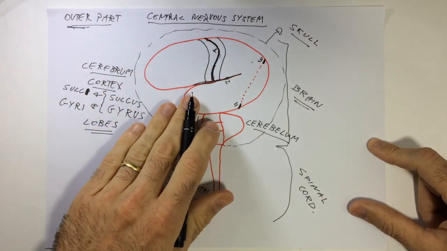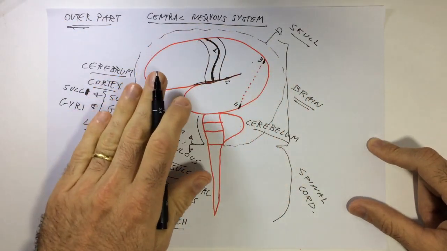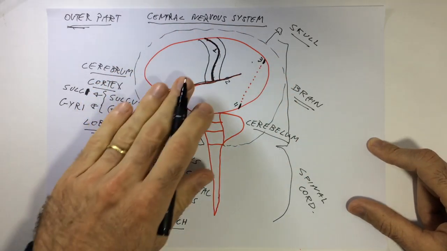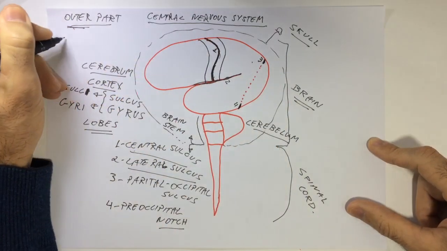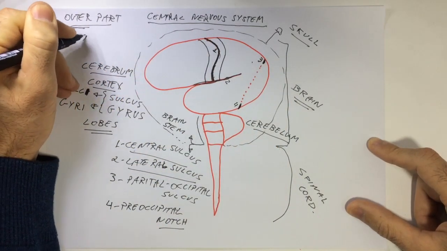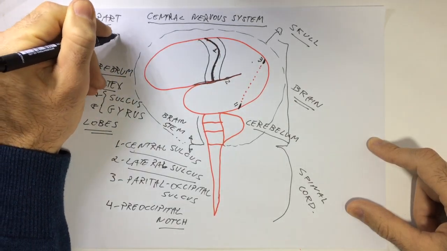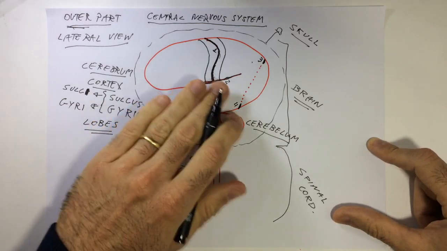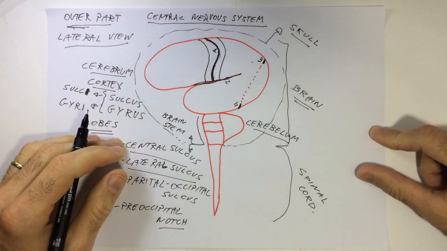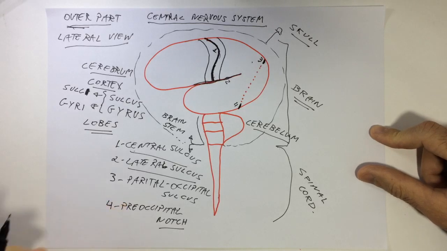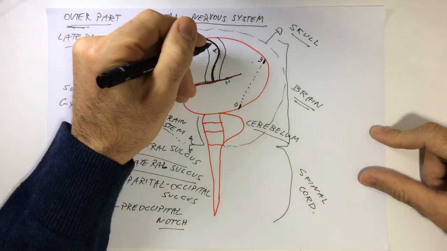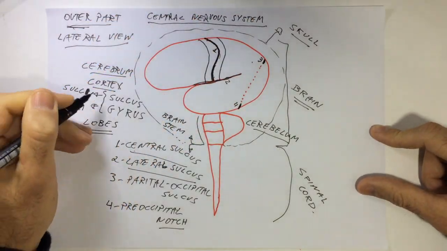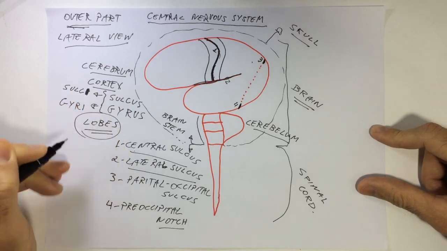So if we analyze at least this lateral view of the brain, because of course we can analyze the brain through other views, and we're going to do that later in another video, we can say that these 4 structures can divide the cortex into lobes.